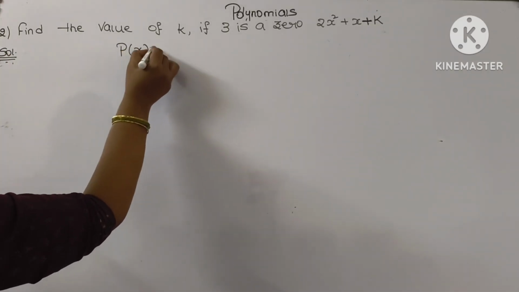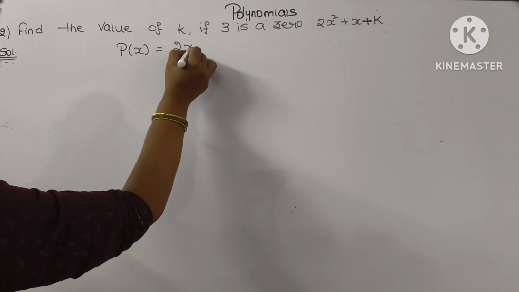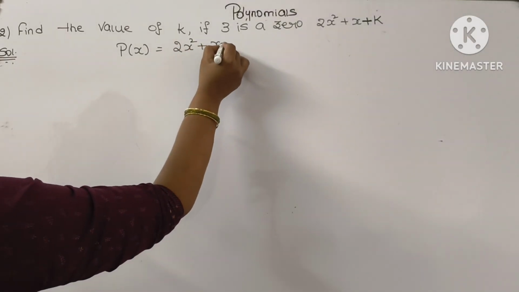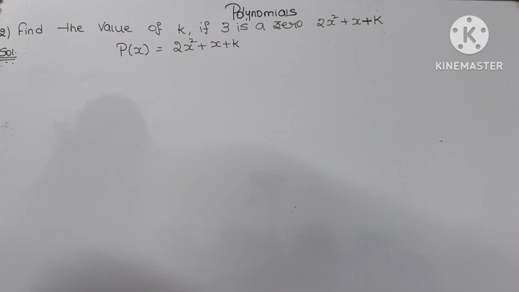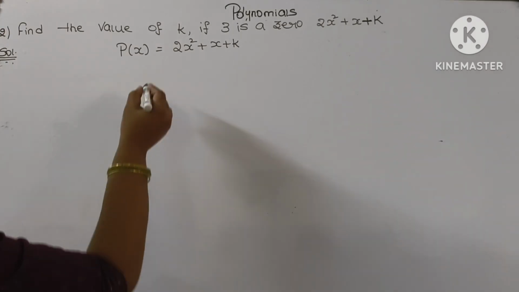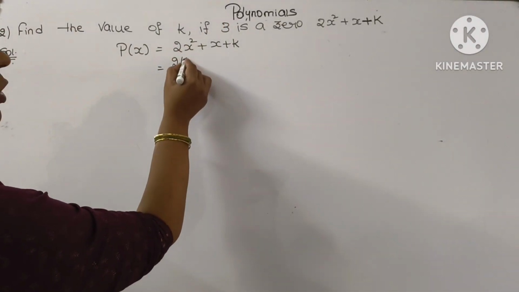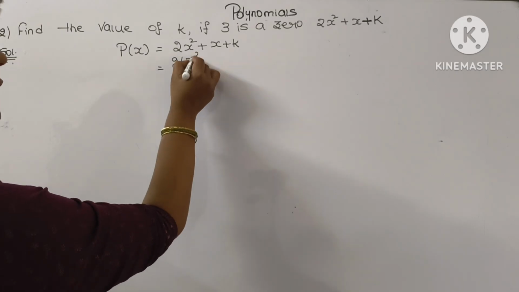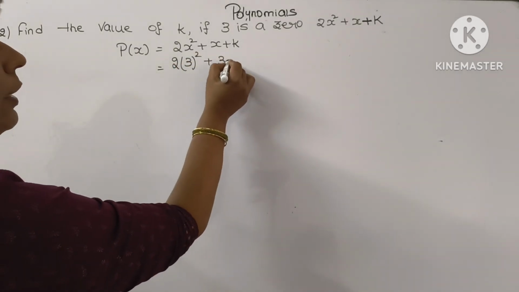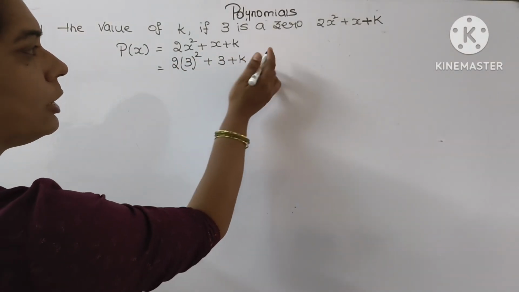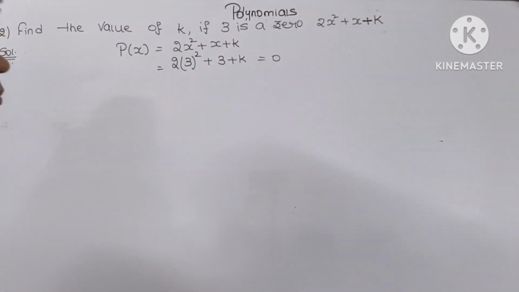Given p of x is equals to 2x square plus x plus k, right? Now, what is that? He's saying 3 is a 0. When you say 3 is a 0, which means wherever you have the value of x, substitute 3 in that, and then equate this whole expression to 0.